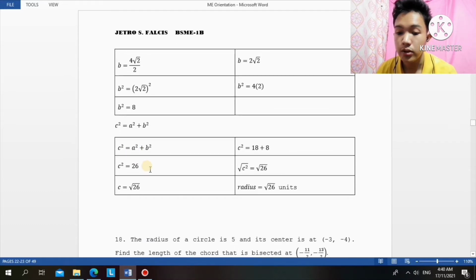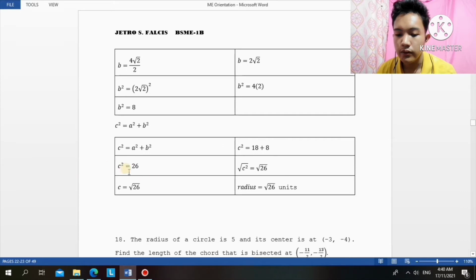So let's solve. We will use the Pythagorean theorem. So C squared is equals to A squared plus B squared. So substitute the A squared and B squared. So 18 plus 8 is equals to 26. Our C squared is equals to 26.